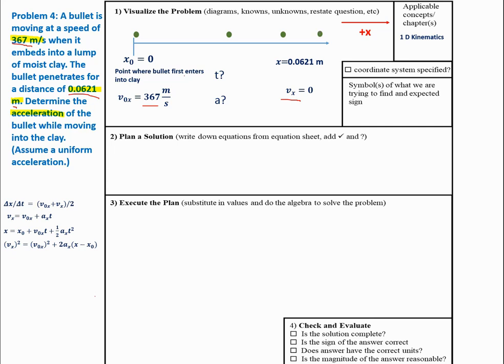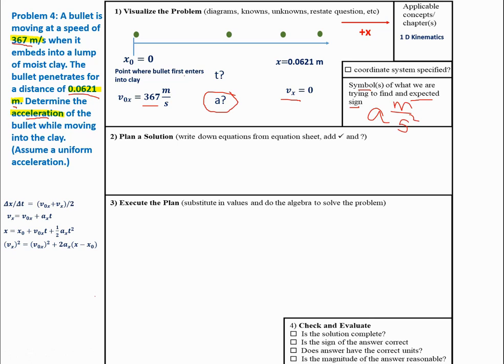Now let's look at the symbols of what we are trying to find and the expected sign. We are trying to solve for the acceleration. The symbol of acceleration is a, and the unit, as you know by now, is meters per second squared. Now the sign. The bullet is moving to the right, so its velocity is to the right.